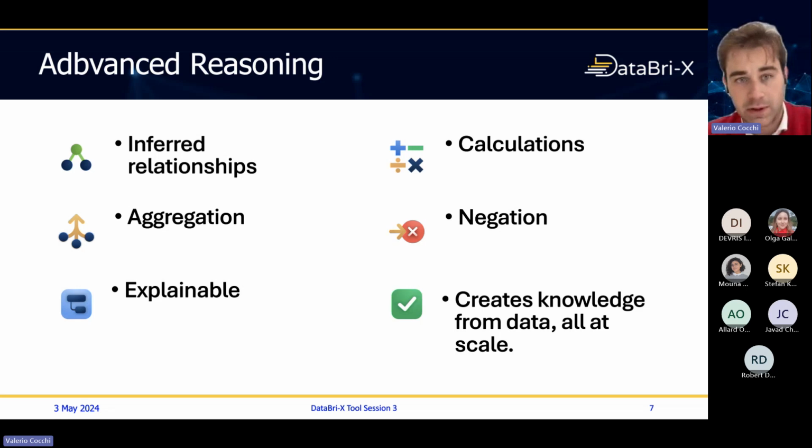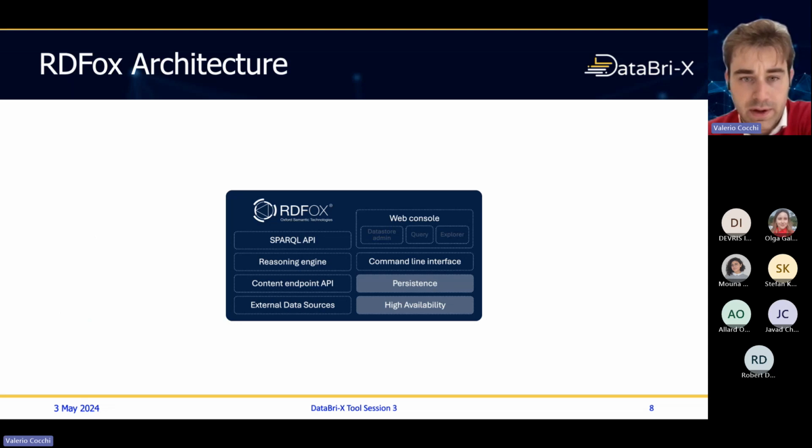So here you can see some of the features that advanced reasoning has. And if we go further down, we can take a look at the architecture. RDFox on its own has several features: command line interface, persistence, the ability to be highly available, so for mission critical applications.